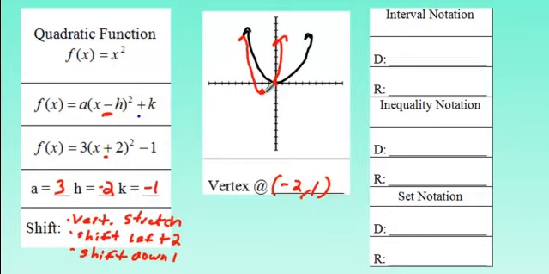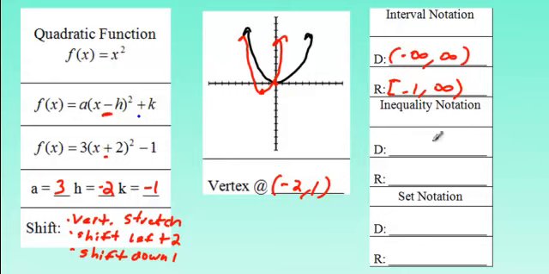The domain here is still going to be the same. It's going to be negative infinity to positive infinity. And the range, though, it doesn't go down to 0, it goes down to -1. And since it actually includes -1, we do it like that.